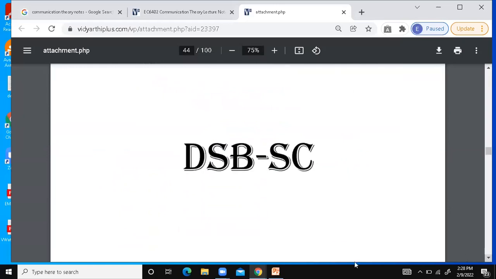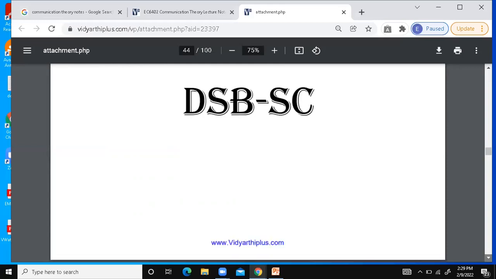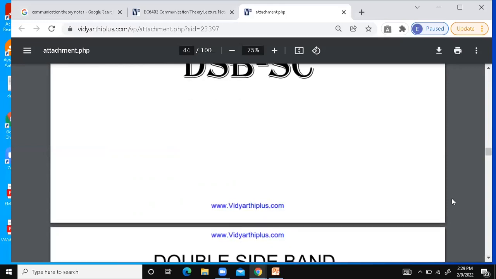Okay. Double sideband suppressed carrier modulation. But I was just saying that I think maybe I'm running it too fast because I never wanted to start this today.